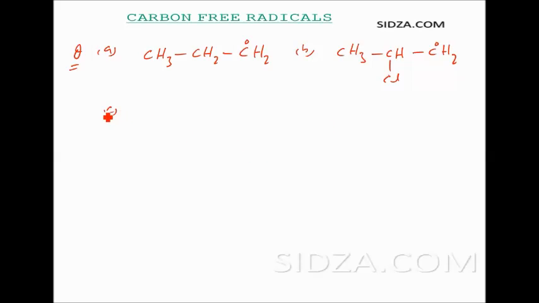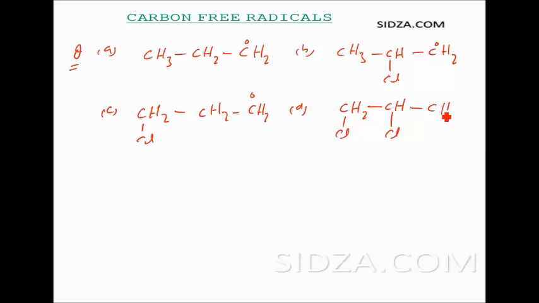And then the third one is like this, CH2, the Cl here, and then the CH2, and then the CH2 free radical, and then the last one, you have a CH Cl, and then the CH Cl, and this is the CH2, right?